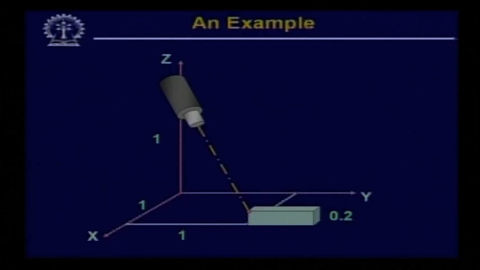And we have an object placed in the x, y plane, where one of the corners of the object is at location 1, 1, 0.2, and we want to find out what will be the image coordinate for this particular 3D world point, which is now a corner of this object as placed in this figure.